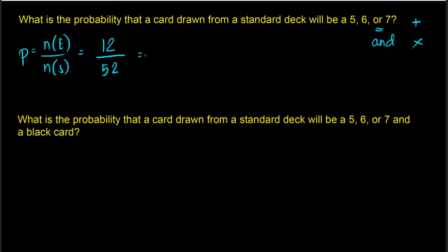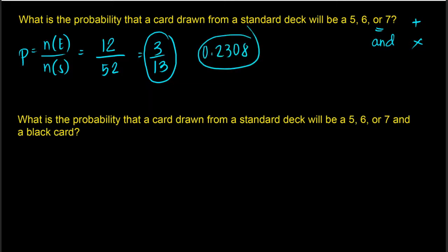So, that's 12 over 52. That's 3 over 13. Okay? Or 0.2308 or 23.08%. So, any of these.